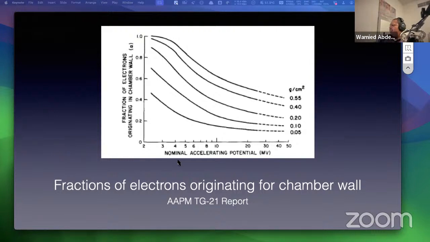It's a lengthy protocol, but basically for a given nominal accelerating potential, this alpha will depend on the thickness of the wall. The thicker the wall, the higher the value of alpha. Cobalt is probably less than here, that's 1.25. It's somewhere less than that.